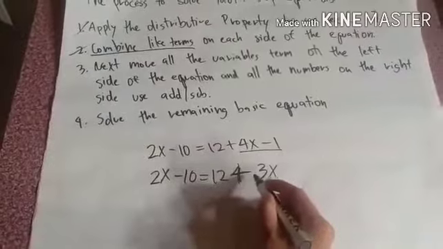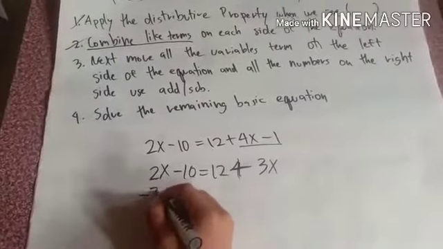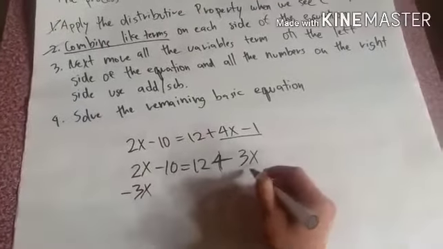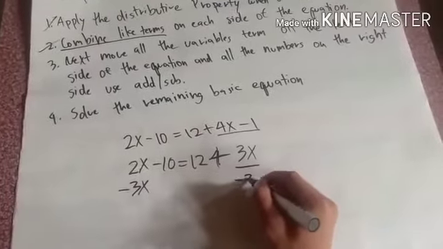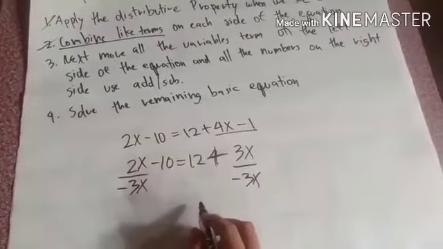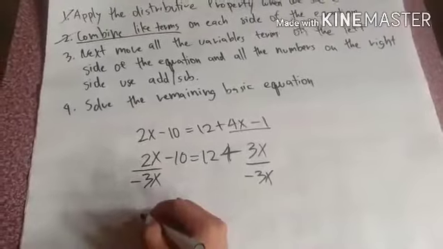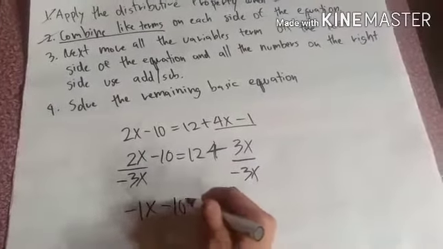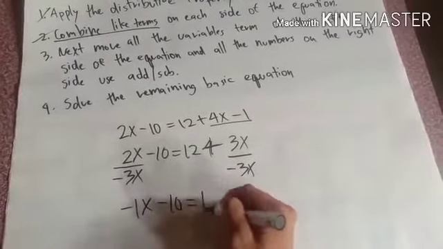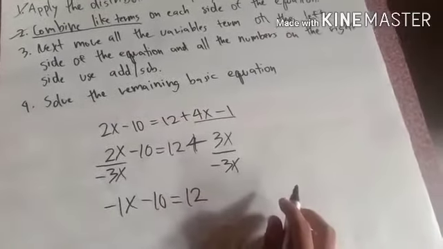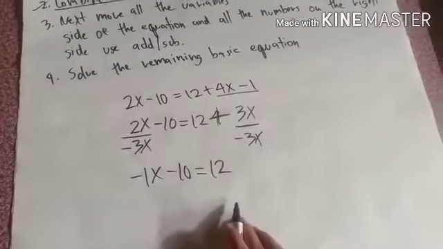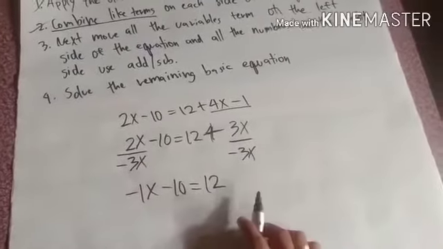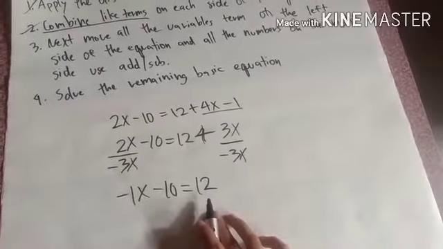So we need to subtract 3x from each side, 3x minus 2x equals -1x minus 10 equals 12. You need to write the equation. -1x equals 12.